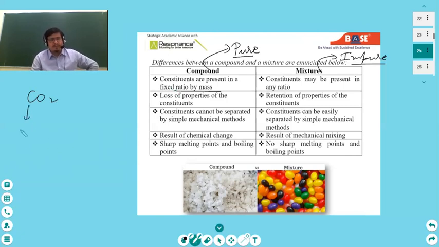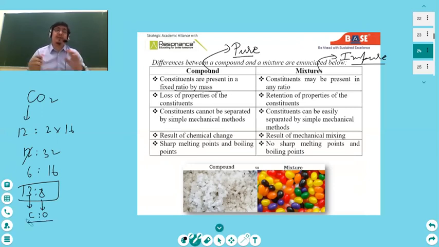Now carbon mass is 12 and oxygen mass is 2 into 16. So 12 is to 32. The simplest ratio, when you find it out, is 3 is to 8. So carbon and oxygen always combine in the ratio 3 is to 8, whichever country and wherever it is formed. This is the meaning of constituent particles being present in a fixed ratio by mass.